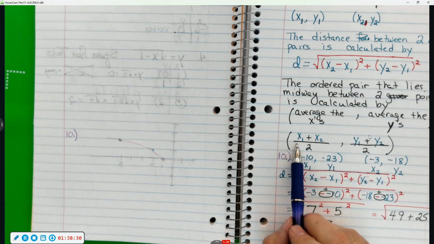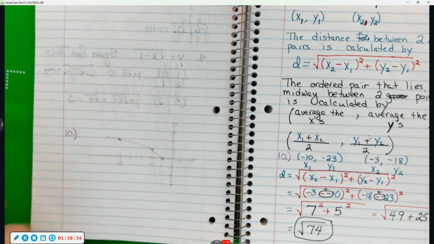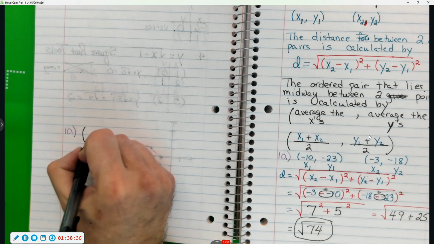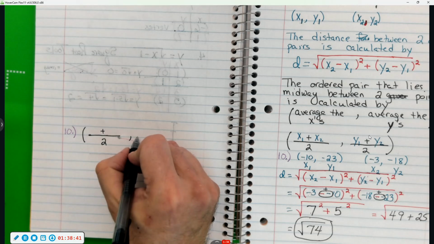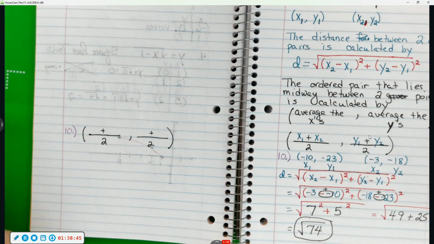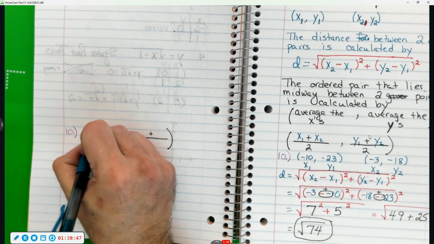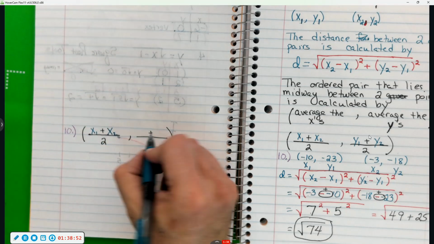So, to calculate the midpoint, let me write that formula down right here. You're averaging the x's and dividing by 2. So average. You're adding the x's and dividing by 2.